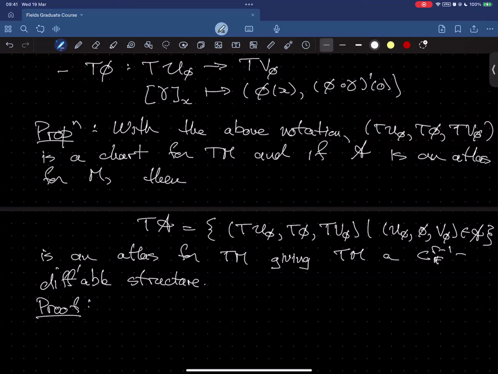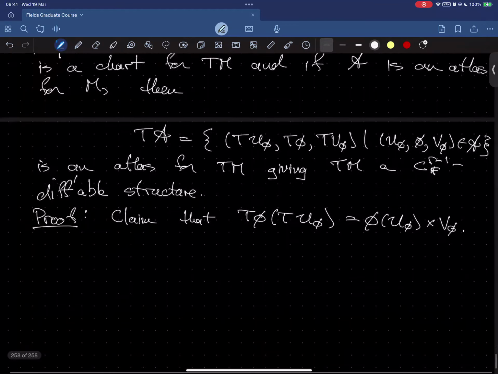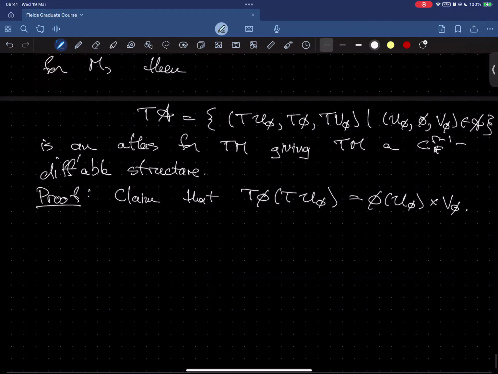Okay, so first we claim that T phi of T U phi is equal to phi of U phi cross V phi. All right, so we essentially did this last time, but let me just remind you of how that went.